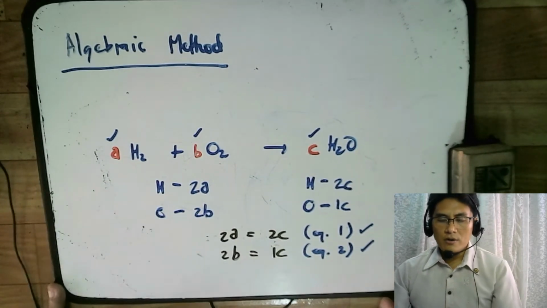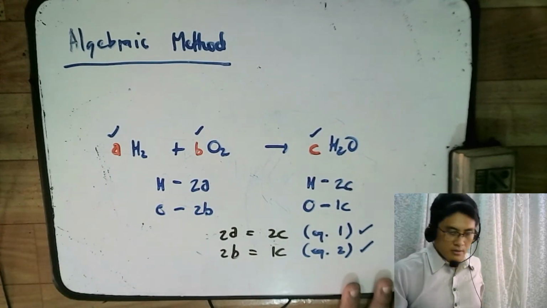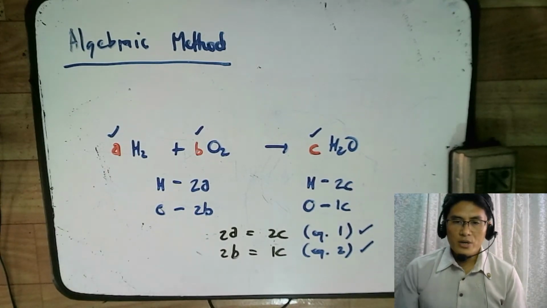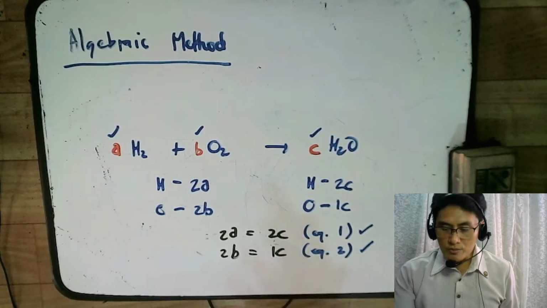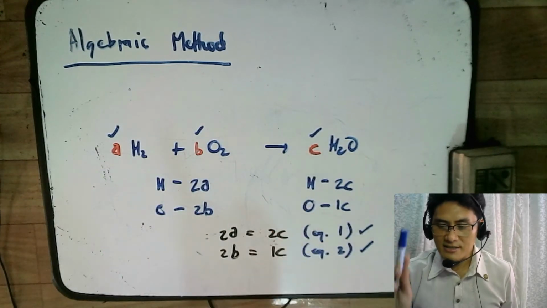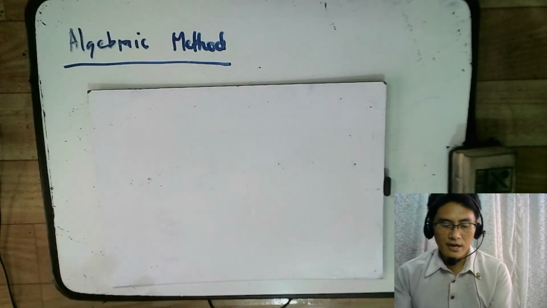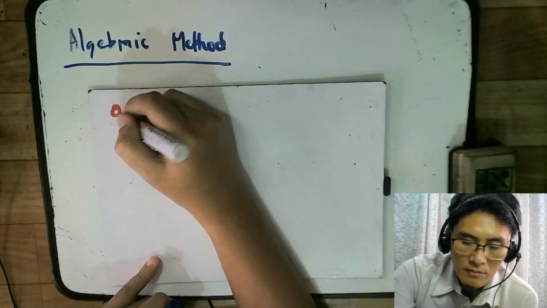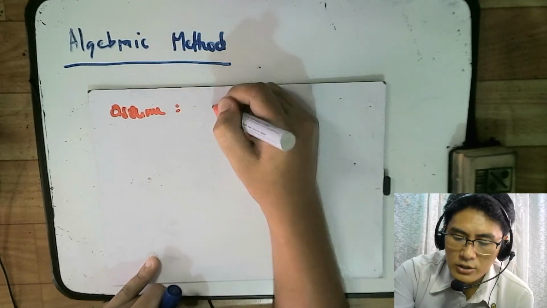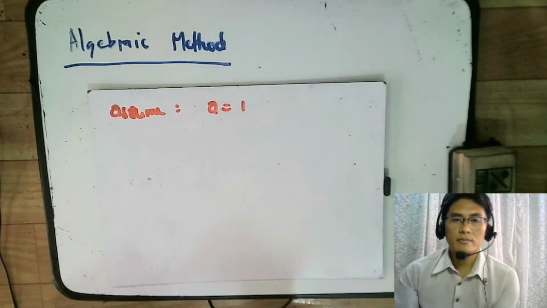Okay? So when that is the case, there's another trick in algebra, which is to assume a value. We don't know A, we don't know B, we don't know C, yes, but I can assume a value for one of them. So let us assume that A is equal to 1.